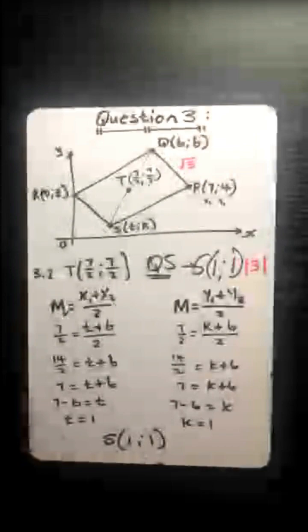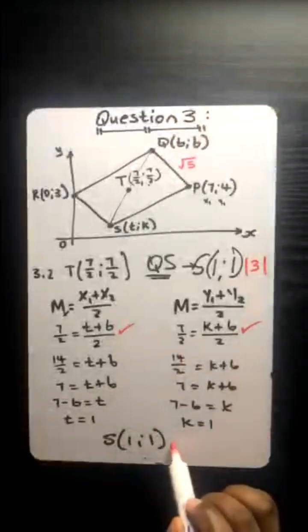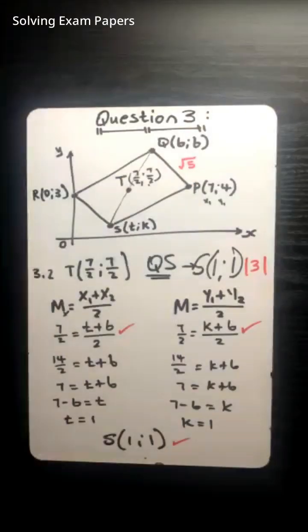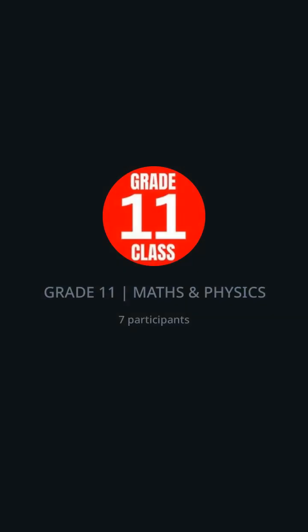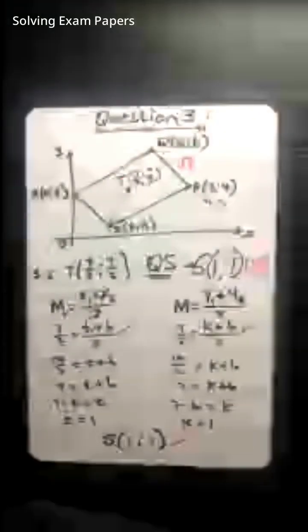So that means you will score 1 mark for correct substitution, and then the last mark will come from you presenting the final answer in the correct format, which is S is 1 and 1.